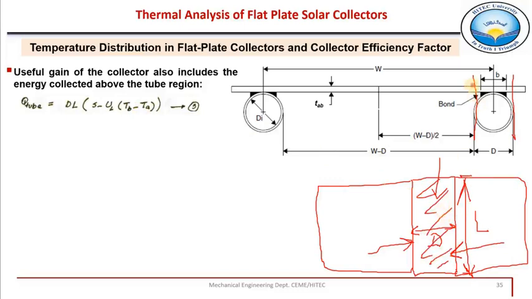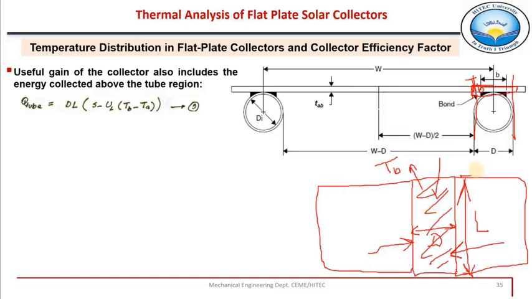We already said that at the base of this fin the temperature is TB, and this TB temperature is for this whole portion. It means this whole portion of the absorber sheet, which is exactly over this tube, is at the base temperature TB.